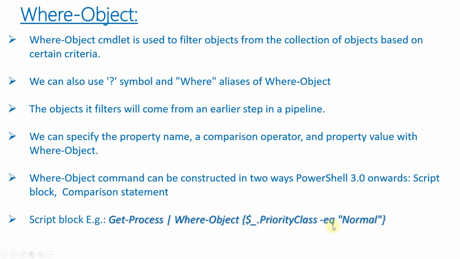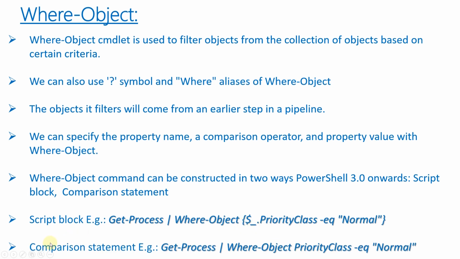Here I have used the equal operator, but it can be any operator. Here I have used a string, but it can be numerical or string or anything. This automatic variable holds the current object in the pipeline so that we can get the particular property of the current object.